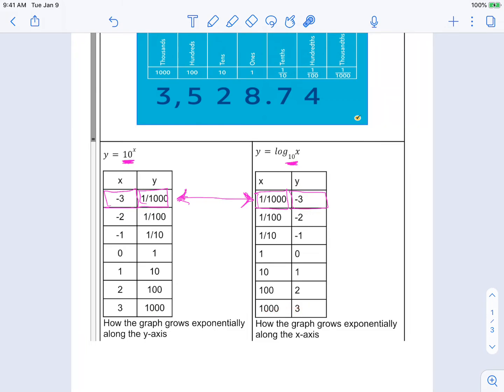What that does is change how the graph grows exponentially. This exponential function grows exponentially along the y-axis. And this log base 10 is sort of an exponential that grows along the x-axis. They still work exponentially; they just grow in different directions.